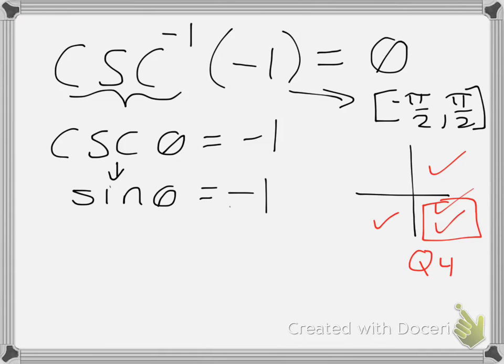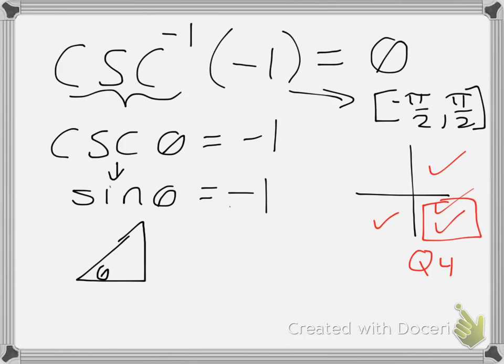So let's continue. Now we're looking at sine of theta is equal to -1, so that means one thing I can do is set up a triangle. What I tend to do is think of it as 1 for now. The negative just helps me to determine what quadrant I'm in.